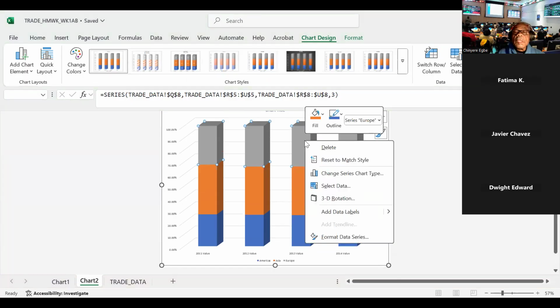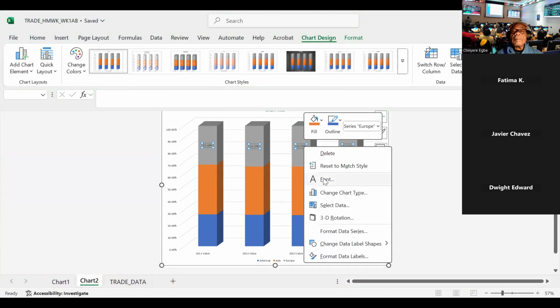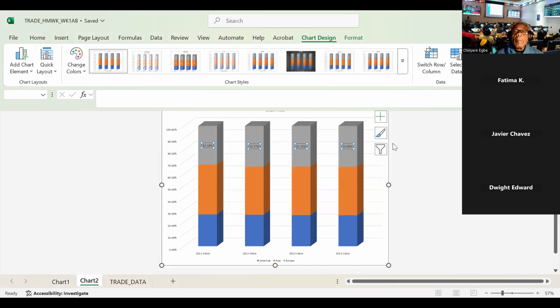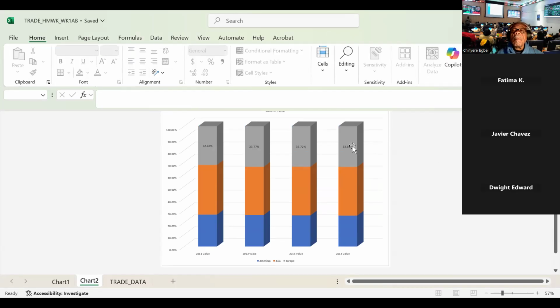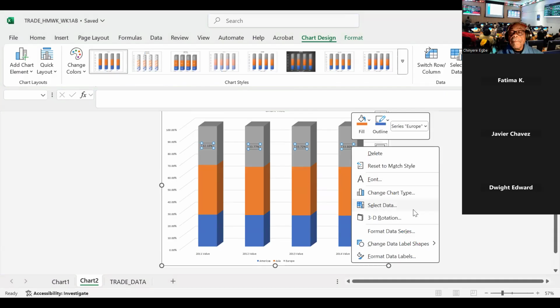I'm going to put the percentage here, add data labels, and I'm going to increase the size of the font. Okay, the font. I'm going to increase it to 10, right? We'll add a font color.